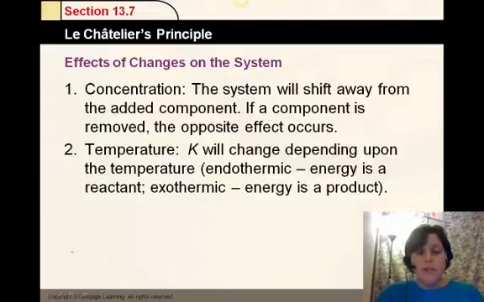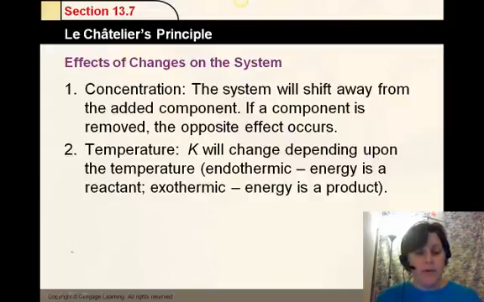Temperature is another stressor for a reaction. K will change depending on the temperature. Now, concentration doesn't change the value of K because the reaction shifts to keep K constant. However, temperature can change the value of K. So, for example, in an endothermic reaction, one where heat energy is a reactant, if we increase the temperature, it's going to shift away from the heat term, which is on the left, towards the product side.